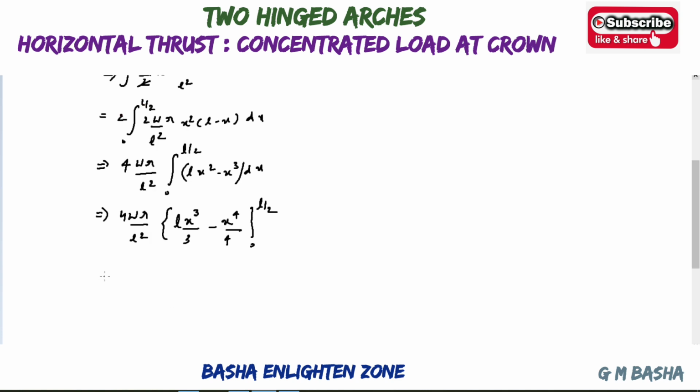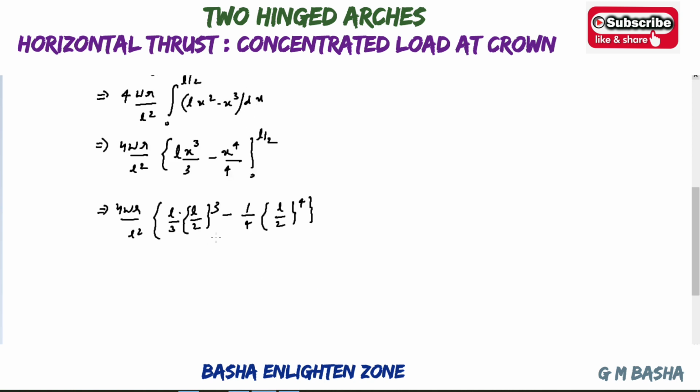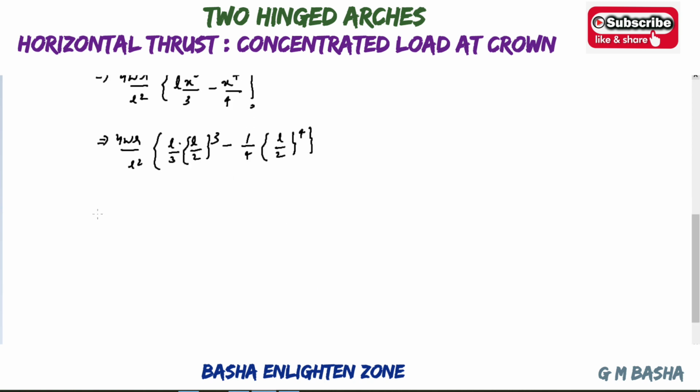Then 4 wr by L square, apply the upper limit, L into x cube is L by 3, x cube is L by 2 whole cube, minus 1 by 4 x power 4, which is L by 2 power 4. Then again simplify this one.